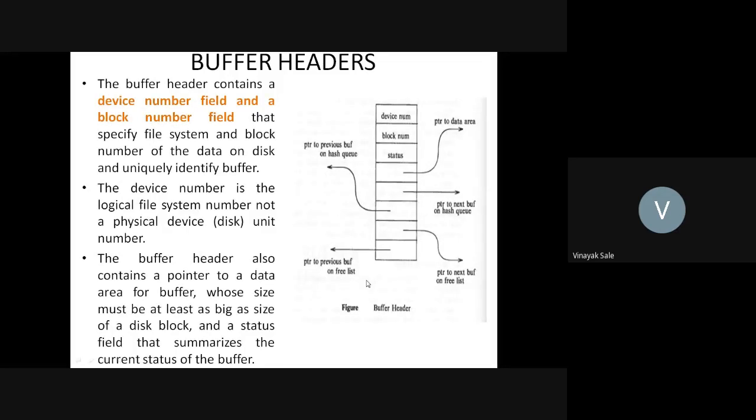The buffer header contains a device number field and block number field that specify the file system and the block number of the data on disk, and uniquely identify the buffer.